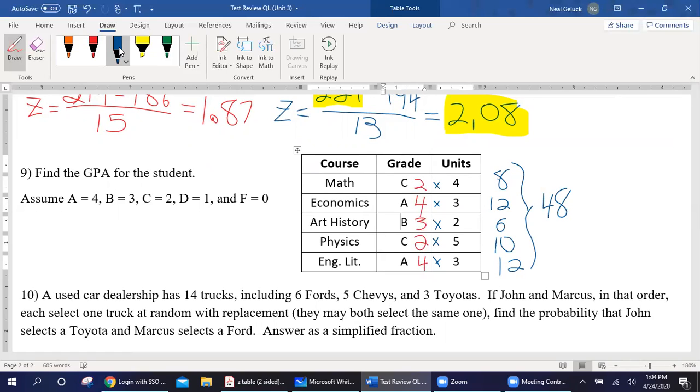And now be careful, I'm not going to divide by 5. I'm going to divide by how many units total the student took. If I add up the number of units, they took 17 units. GPAs are typically written rounded to 2 decimals. The student had about a 2.82 GPA.